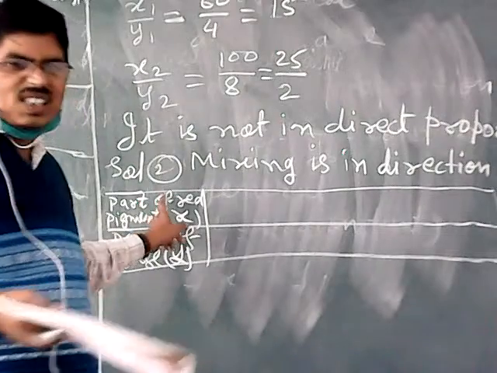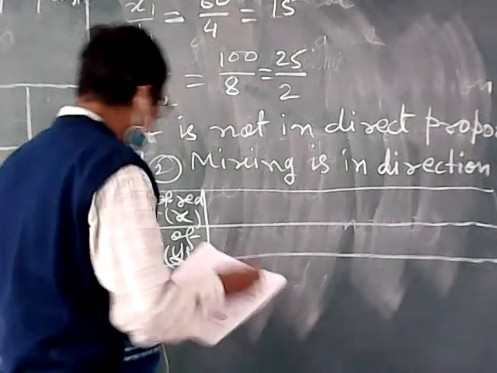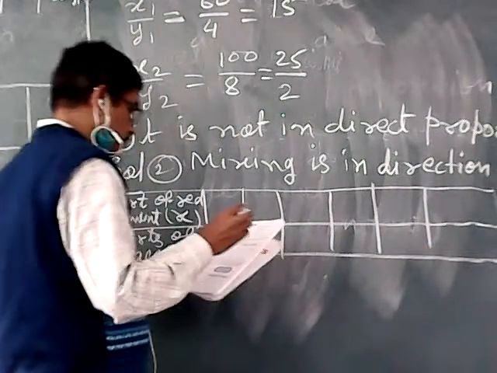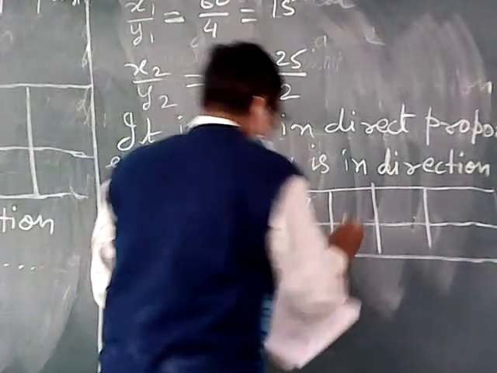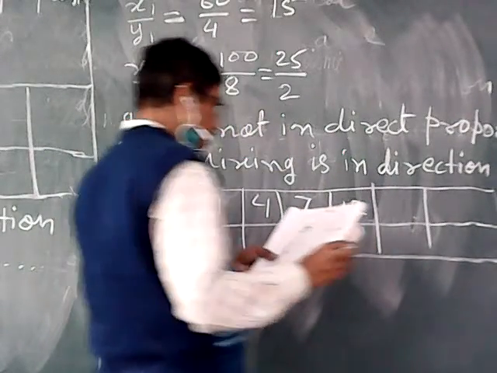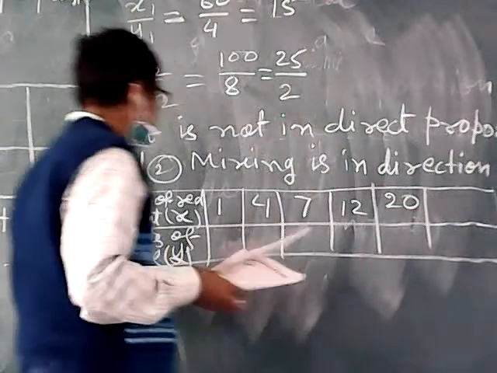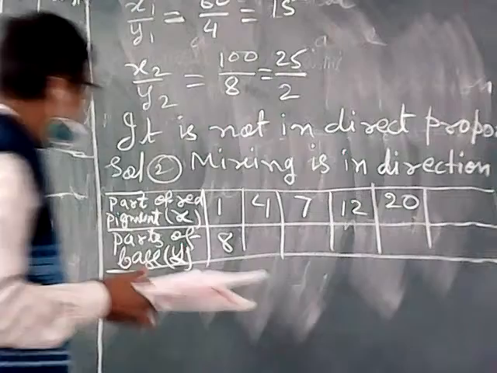So first is x, next is y. Okay, so this is given: 1, 4, 7, 12 and 20. So here it is written 8.